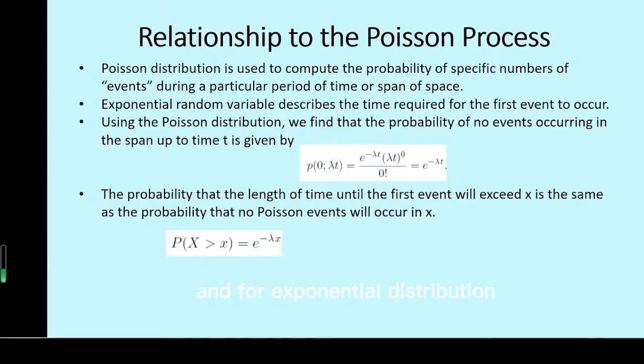And for the exponential distribution, there is no event occurring until the time of x. So this is actually the same thing, right? That's why for the exponential distribution, the probability of X larger than x equals e to the power of minus lambda x. So these two have the same form, right?